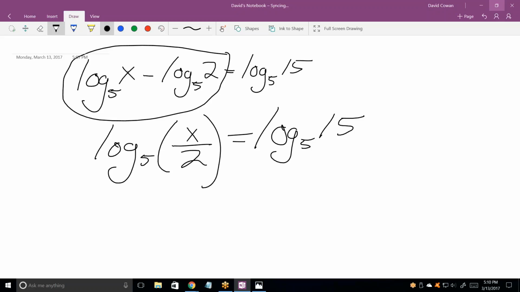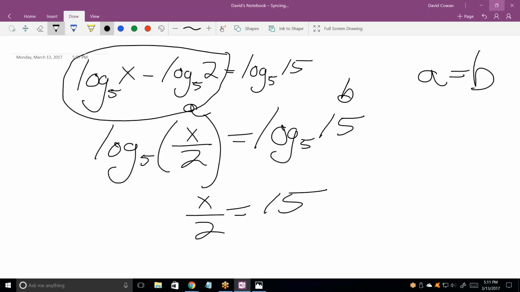What's really going on is if I have the log base 5 of A equal to the log base 5 of B, then A is equal to B. So I can say x over 2 equals 15, which is the same as dividing both sides by log base 5, even though that really is not what you're doing.